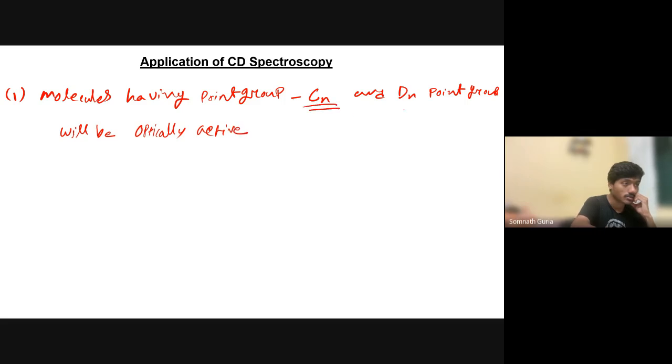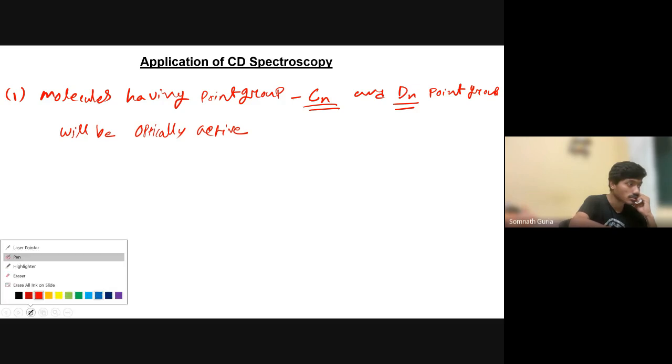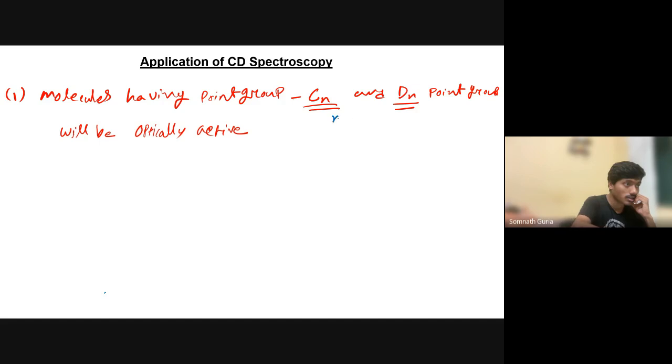One interesting point is this n can be defined as follows: for C, n is greater than or equal to 1; for D, n is greater than or equal to 2. Otherwise D cannot be. For D at least n should be 2, otherwise there will be no C2.